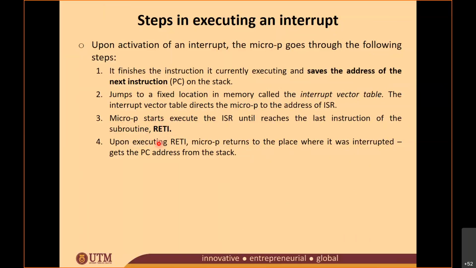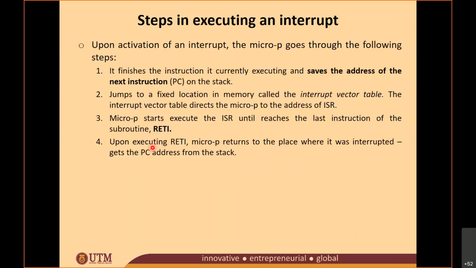Upon executing the RETI, the microcontroller returns to the place where it was interrupted and resumes the program. It gets the PC address from the stack, returning to the place where you invoked the interrupt by putting the address that you already stored from the stack into your program counter.